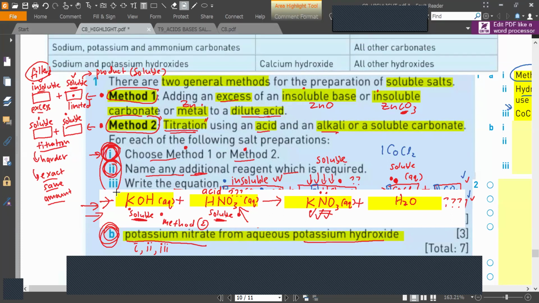Let me know how many moles of the potassium hydroxide.